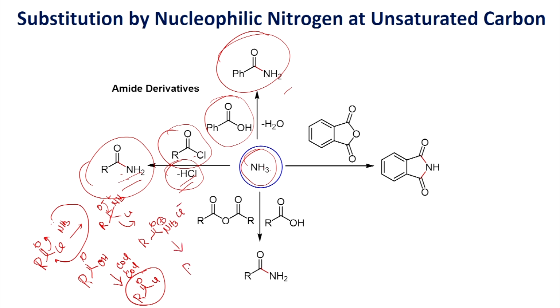When you do the workup with bicarbonate, it will be converted into amide. HCl will be removed by the base workup.